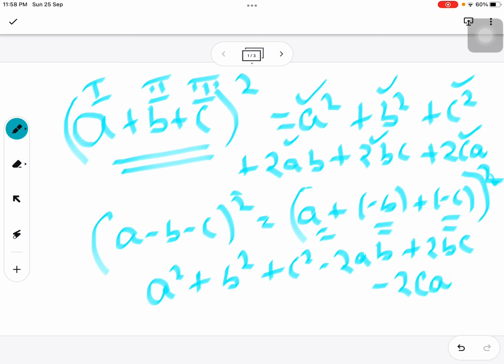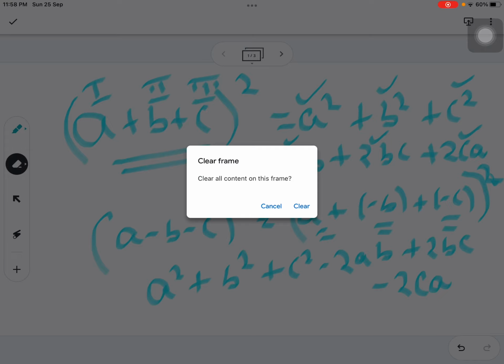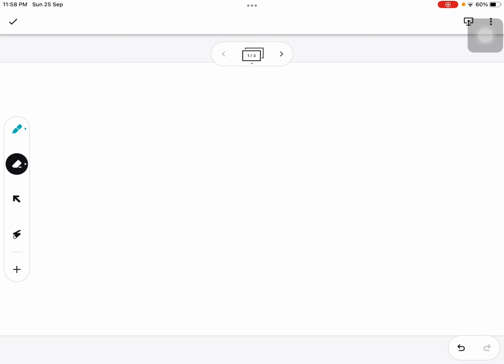So I think I've covered all the variations of (a plus b plus c) whole square. Okay, you have a minus b plus c, you have a plus b minus c, you have minus a plus b plus c, that can be converted into a minus b minus c. So all the variations I've covered. Let's look at the next formula.